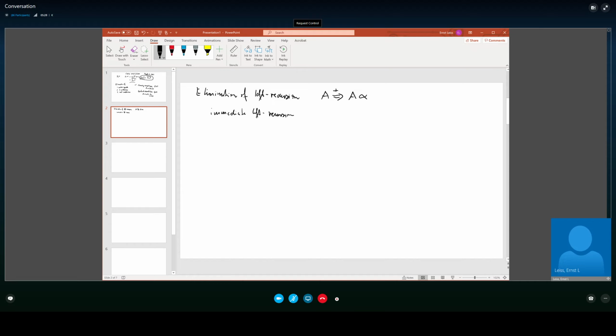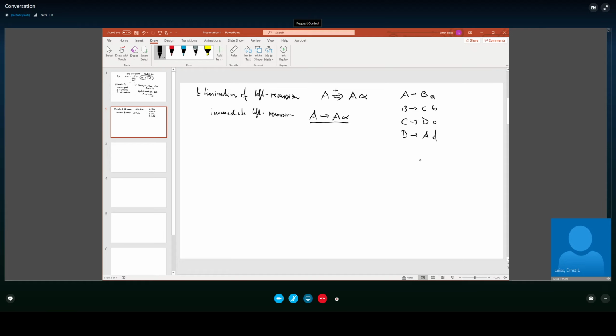To see that this is a different story for general left recursion, consider the following. A goes to BA, and B goes to CB, and C goes to DC, and D goes to AD. So in that case, there is no immediate left recursion.